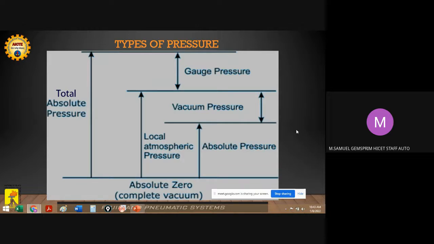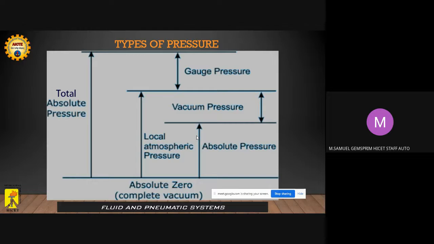Just above it we have the absolute pressure, which is measured from the exact zero, that is from the vacuumized environment, to a particular measured value. Then we have the local atmospheric pressure, which is considered along with vacuum pressure.